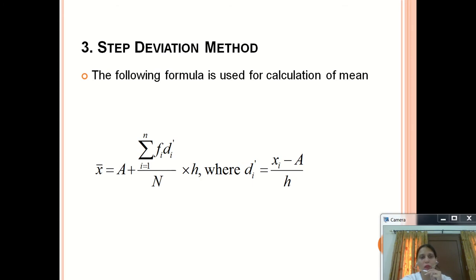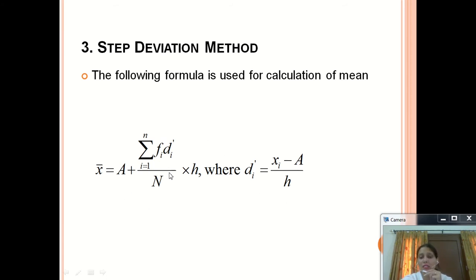Now the third method is step deviation method. This is the formula: assumed mean plus summation fi di dash divided by N, into h. H we already know, that is the common factor. Di dash means xi minus a divided by h.